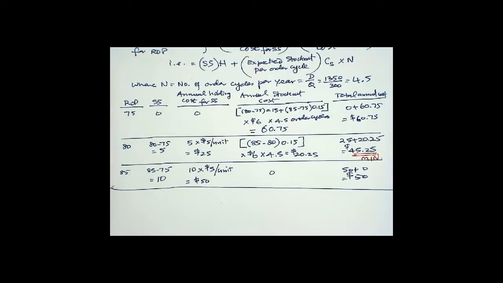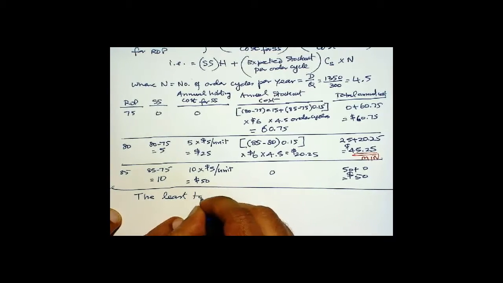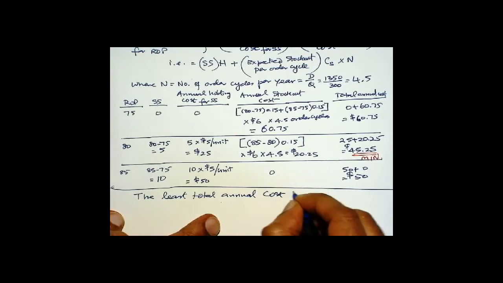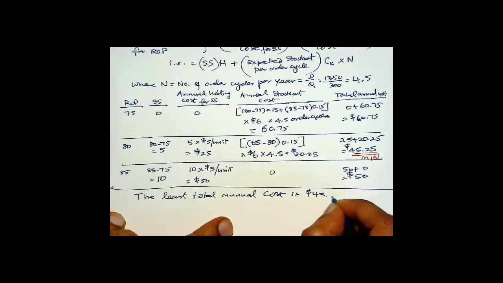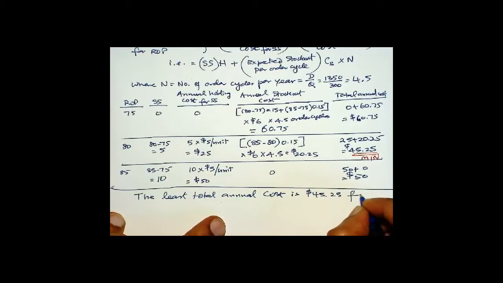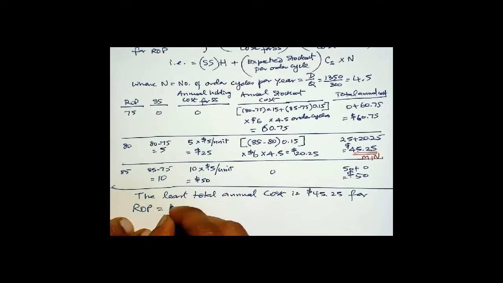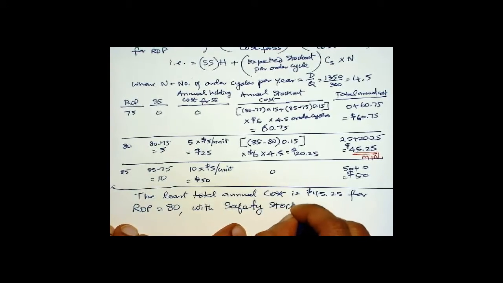Now comparing these three, the least total annual cost is $45.25 for ROP equal to 80 with safety stock equal to 5.